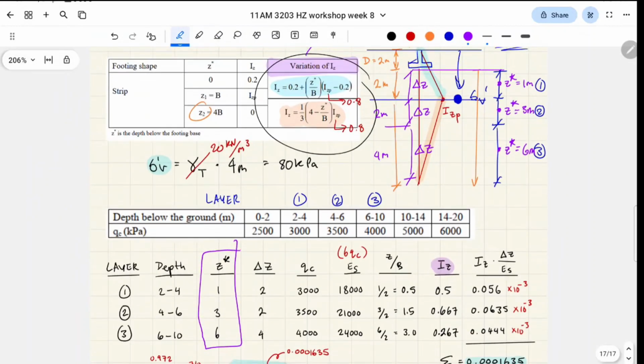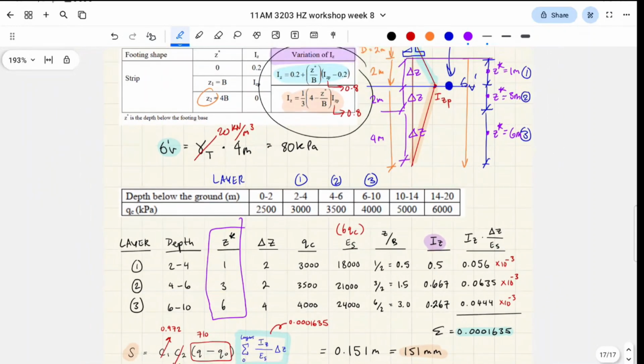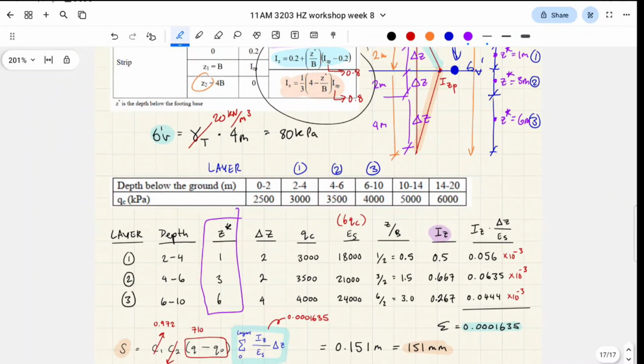Z star is the depth from the base of the footing to the middle of the layer. Delta Z is the thickness of each layer. Right? So the first layer is 2 meters thick, the second layer is 2 meters thick, the last layer is 4 meters thick rather, right?